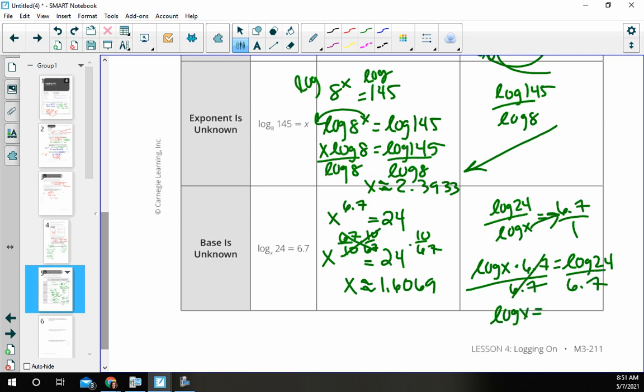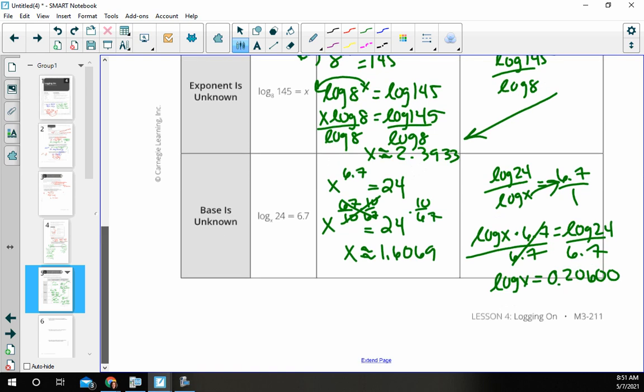So log of 24 divided by 6.7 is 0.2060, and then we would still have to convert. So 10 to that 0.2060 is equal to x. Same answer. So notice which way was a little bit faster. Trying to just get rid of that exponent was a little bit faster than going the full change of base route.